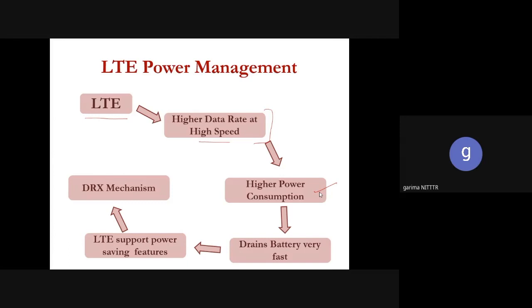That is why these technologies need features which support power saving, and one feature designed for this is called the DRX mechanism. DRX means discontinuous reception mechanism, which is used by LTE and is now going to be used by 5G also.